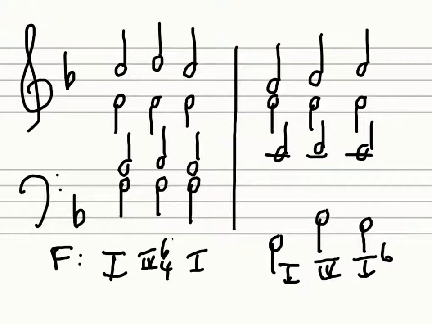For example, in this progression, we see a pedal 6-4. We could just as easily have gone to 4 in the bass in the middle chord to make a root position 4.